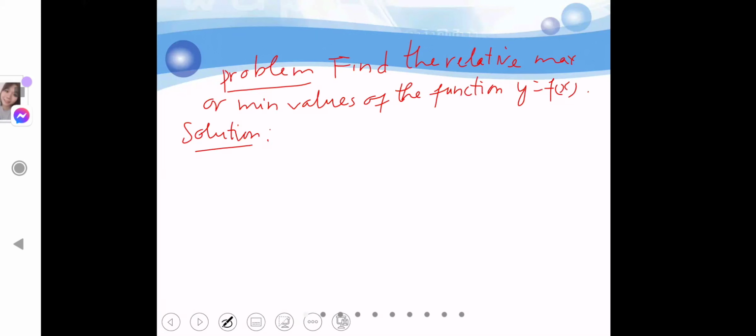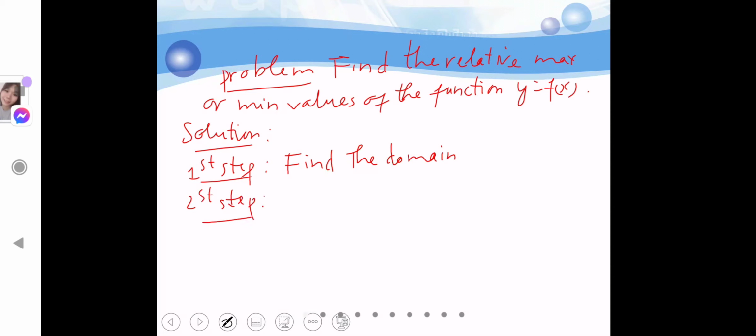Solution. The first step, you find the domain of the given function. The second step is called the necessary condition.